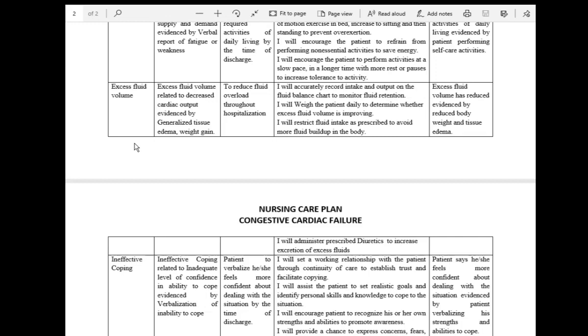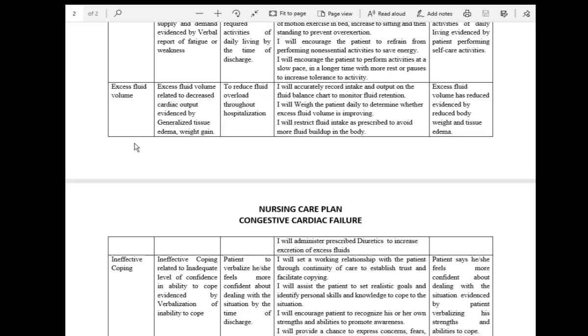Our third point is I will restrict fluid intake as prescribed to avoid more fluid buildup in the body. Here again, we have to make sure that we restrict fluid intake as prescribed. We'll tell the patient not to take a lot of fluids because they have a lot of fluids in their body.